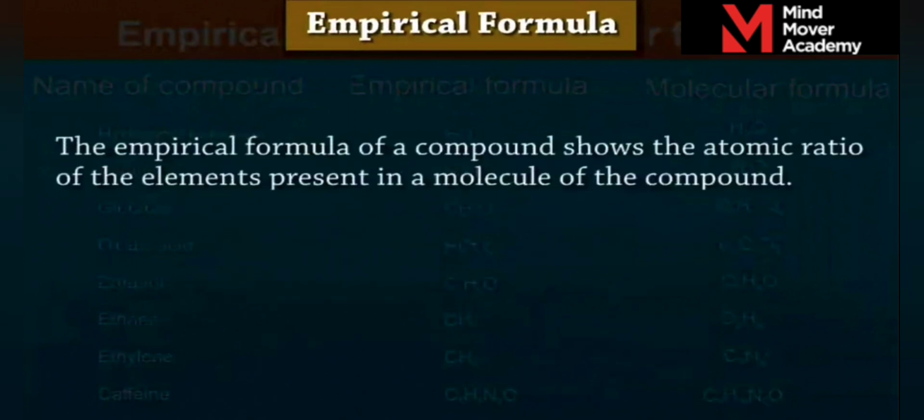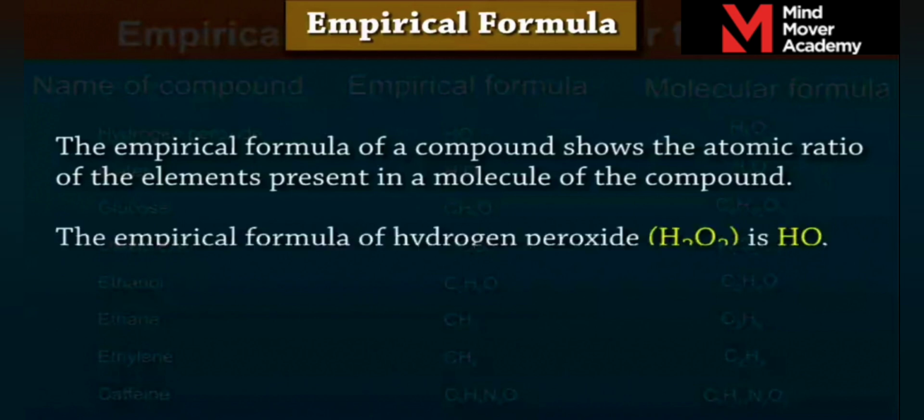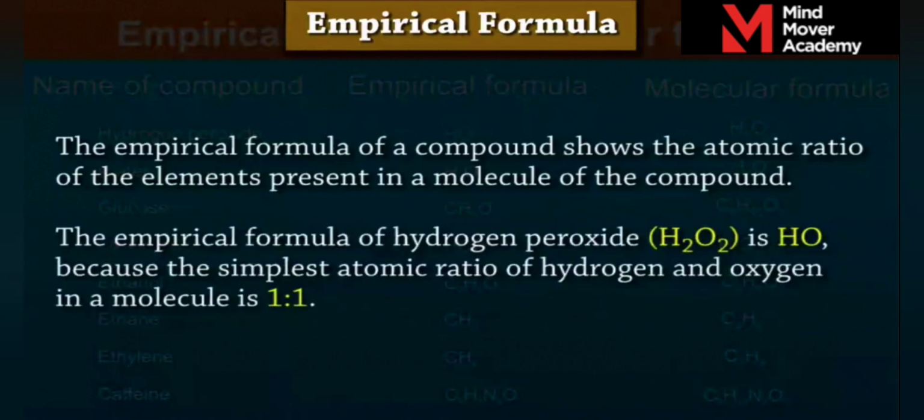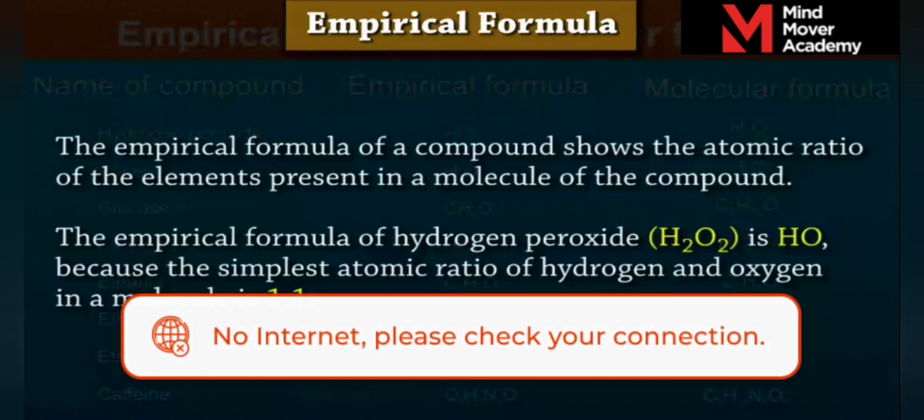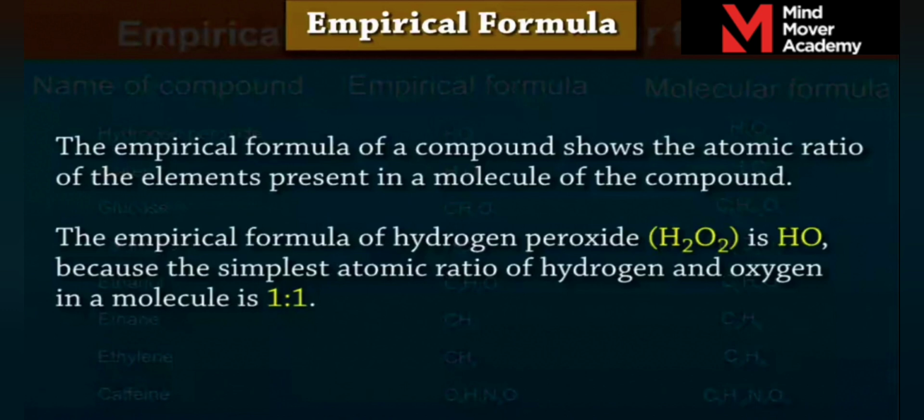The empirical formula of a compound shows the atomic ratio of the elements present in a molecule of the compound. For example, the empirical formula of hydrogen peroxide, H2O2, is HO because the simplest atomic ratio of hydrogen and oxygen in a molecule is 1:1.